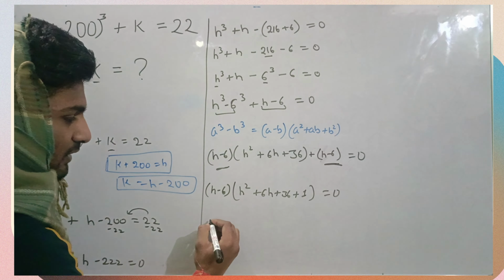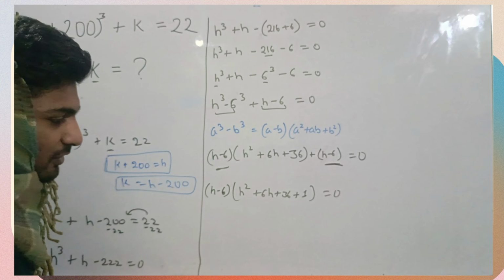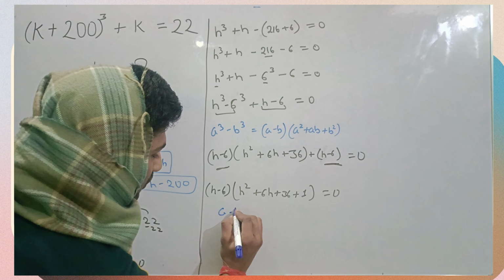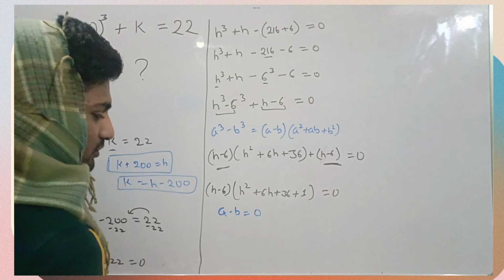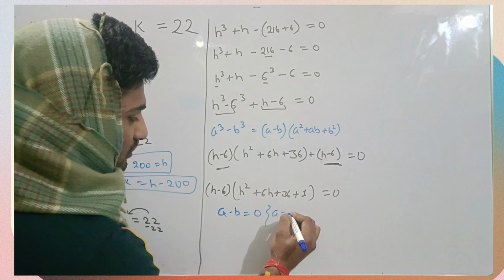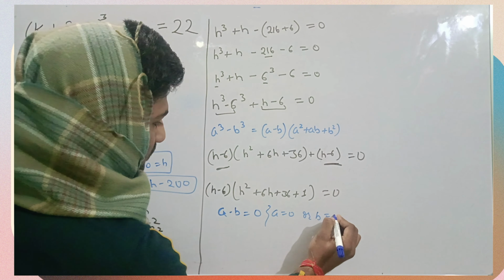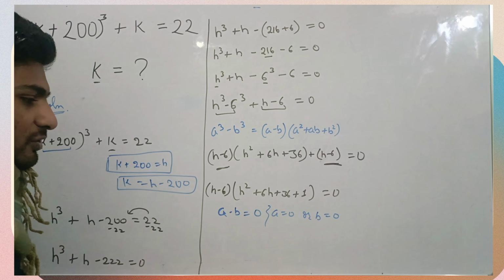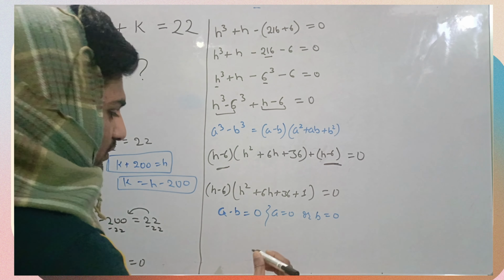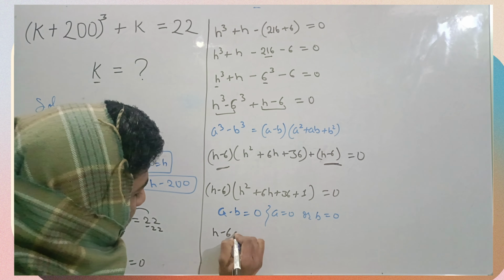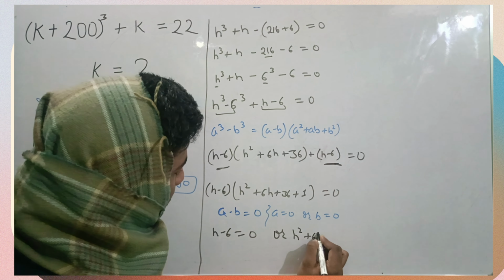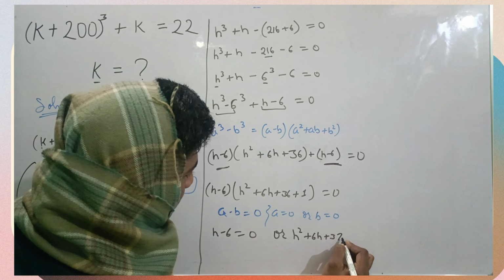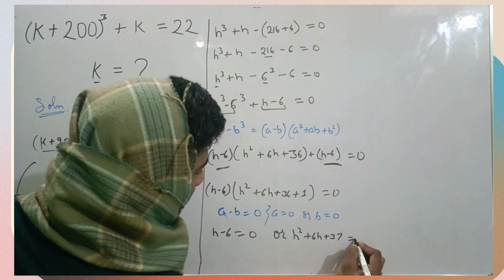Now we have it in the form a times b is equal to 0, so either a is equal to 0 or b is equal to 0. So either h minus 6 is equal to 0 or h squared plus 6h plus 37 is equal to 0.